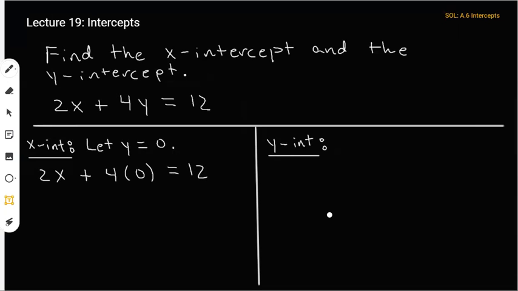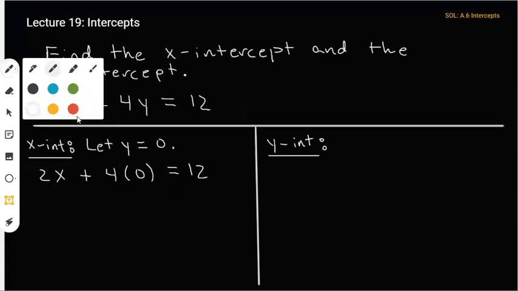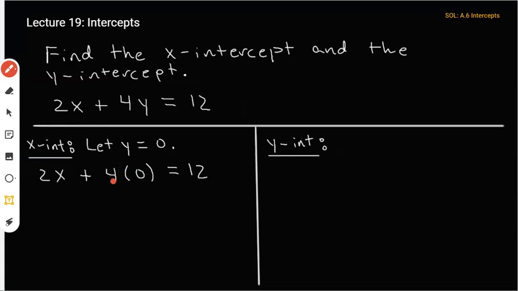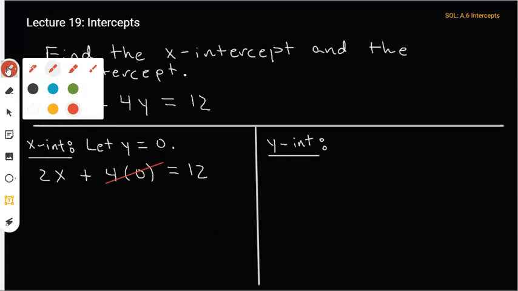And we'll see what happens when that is a 0. Okay, what's 4 times 0? 0. Yep. So this 4 times 0 is just going to give me 0. So I'm just going to cross it out, because all I'm doing is adding 0.